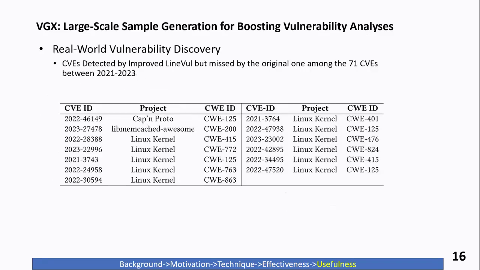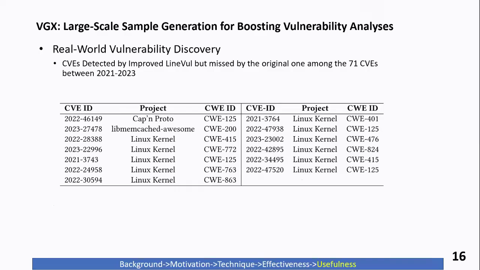And more interestingly, using an existing previously trained model to detect the vulnerabilities in the Linux kernel, they can detect some, but not all of them. And now using our data set to augment that deep learning based model, we were able to detect, how many more?